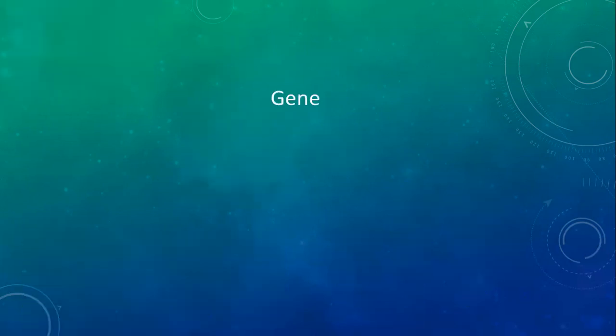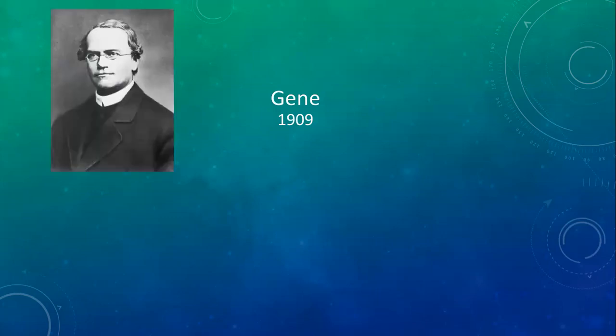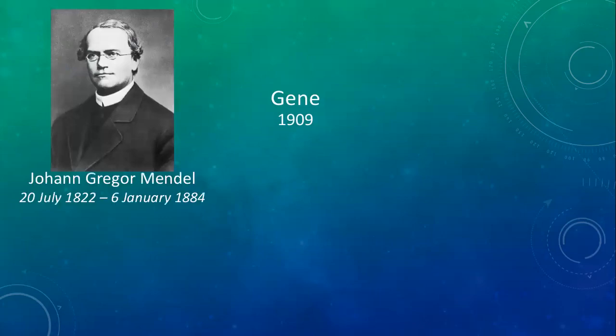Now, the concept of a gene has actually been around for a very long time, much longer than the understanding of how the physical manifestation of a gene in a genome actually works. The term gene was coined in 1909, but the principle, the idea of what a gene is, was basically described or discovered by an Austrian monk named Johann Gregor Mendel.